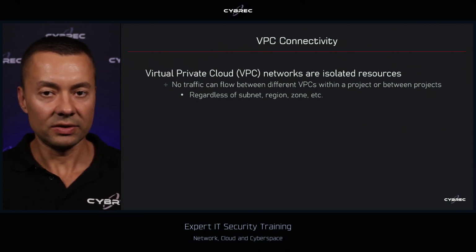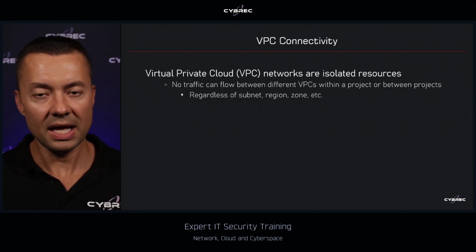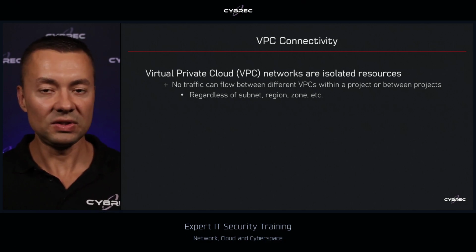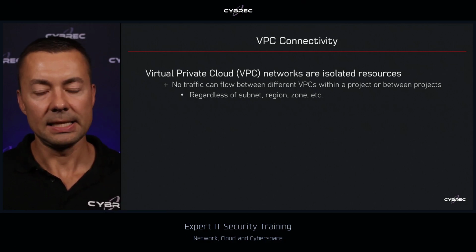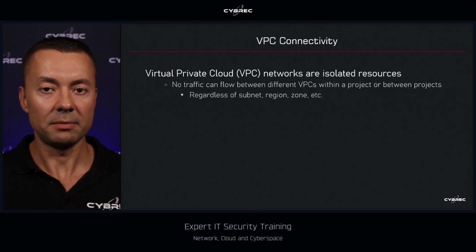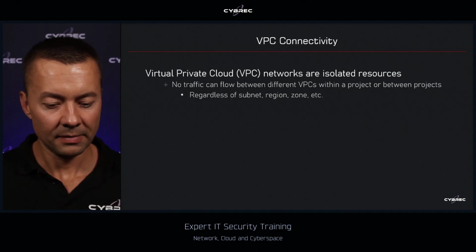And this applies regardless of the zone configuration, region configuration, or the actual subnet used in one VPC or another. Simply remember that when you have two different VPC networks in a project, they will not be able to talk to each other, and the same also applies when you've got VPC networks in different projects.